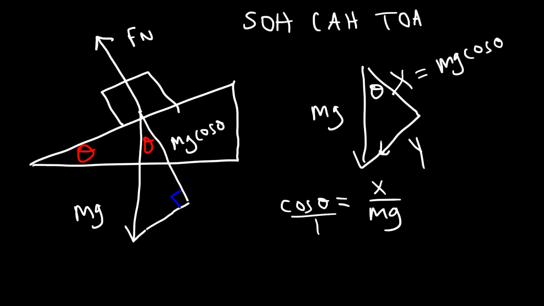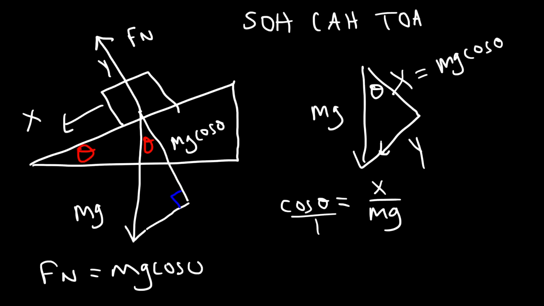And because the block is not accelerating upward or downward in this direction, we'll call it the y direction. Let's call this the x direction. In the y direction, the net force has to be 0, which means that these two must be equal to each other. So for a typical inclined problem, the normal force is equal to mg cosine theta. So make sure you know this equation.